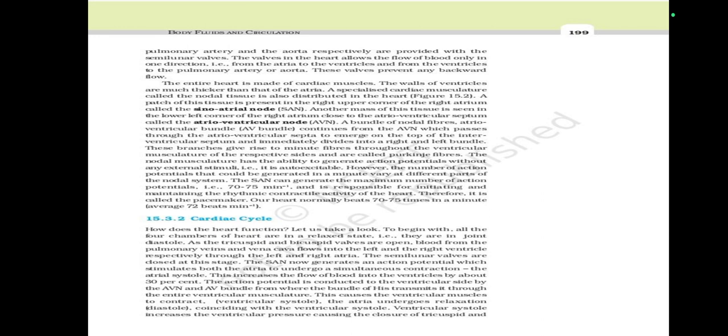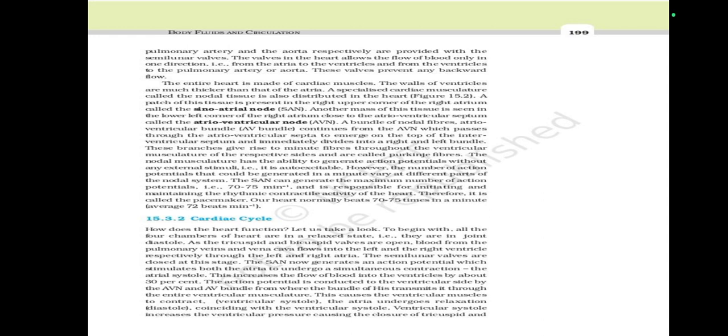The specialized cardiac musculature called the nodal tissue is also distributed in the heart. A patch of this tissue is present in the right upper corner of the right atrium, called the sinoatrial node, SAN. Another mass of this tissue is seen in the lower left corner of the right atrium, close to the atrioventricular septum, called the atrioventricular node, AVN.